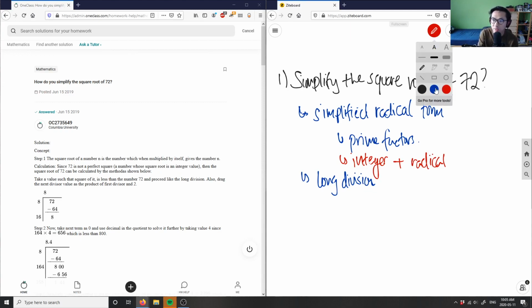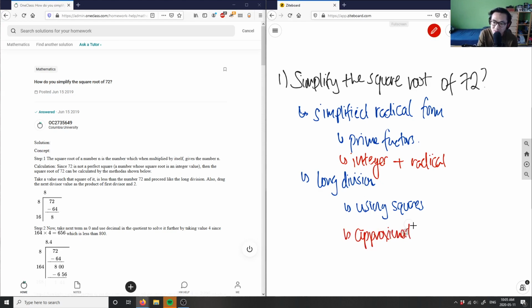Long division here is a special kind of long division using squares. So there are two ways to go about this question, and it doesn't really specify which one to use.